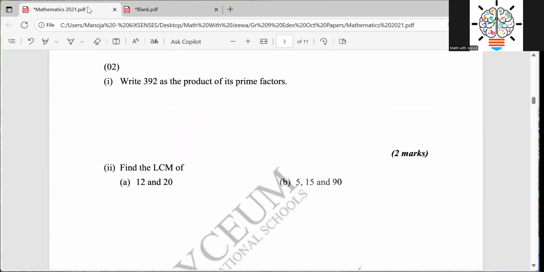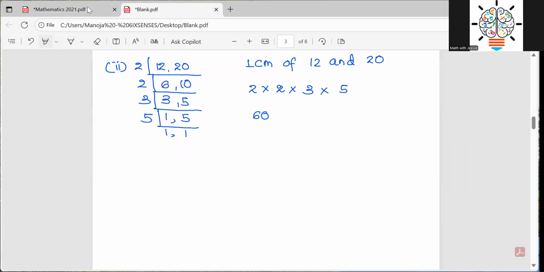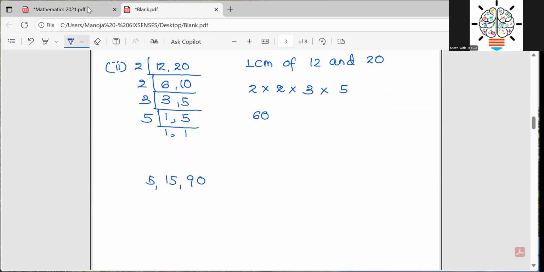Again, to find the LCM of 5, 15, 90, we do the same thing. 5, 15 and 90. We start dividing this also by 2. So then 2 times, we don't have, and 15 we can't divide, and 45, right?